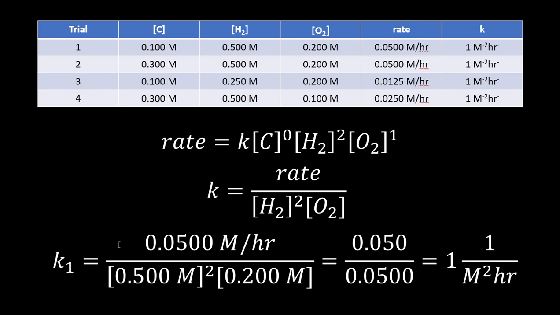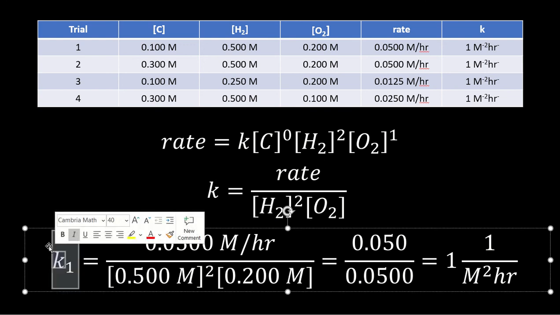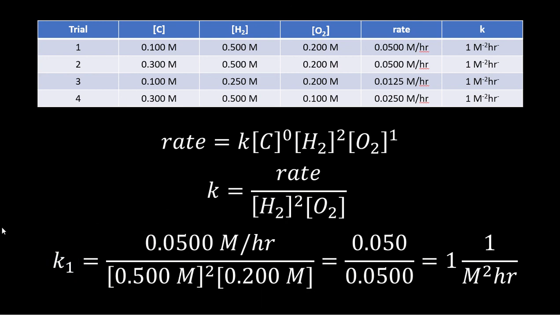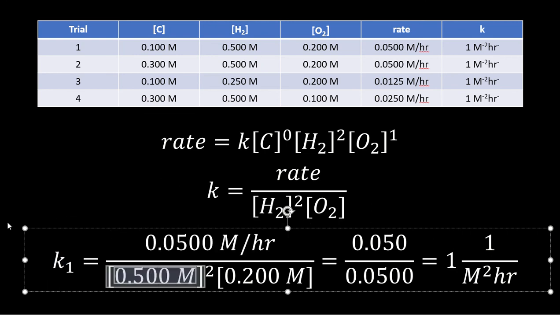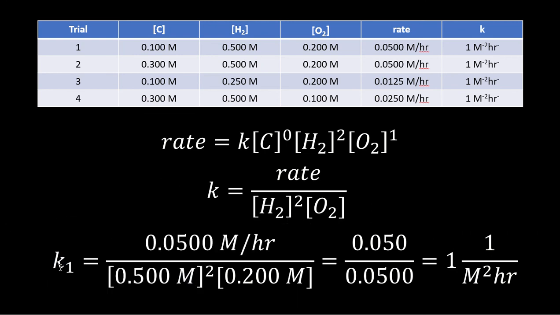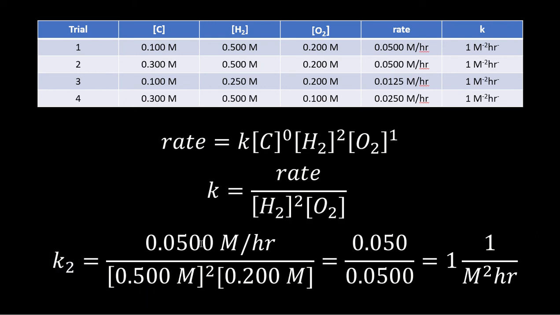For a practice worksheet or a test, you will be asked to write out each time you're solving the rate constants, to show that all these units are canceling out appropriately. So, for example, the value of rate constant 2 would still be 0.05 molars divided by 0.5 squared times 0.2.